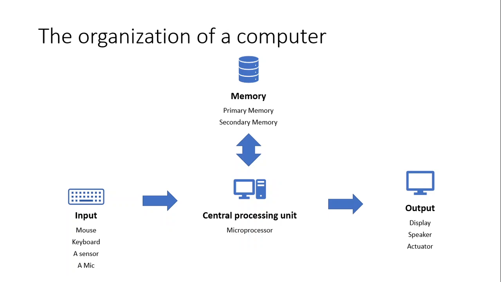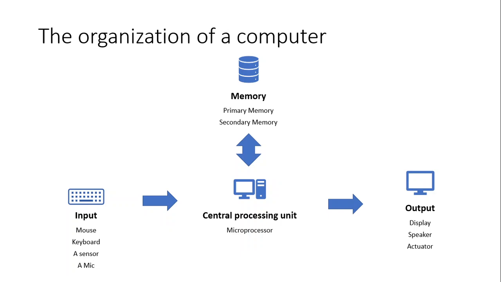Usually when you're buying smartphones, you're mostly not interested in the size of primary memory. Usually it is around 2 GB, 3 GB or 4 GB.